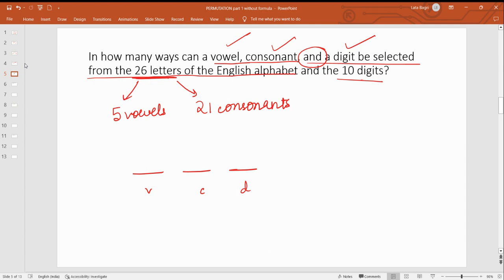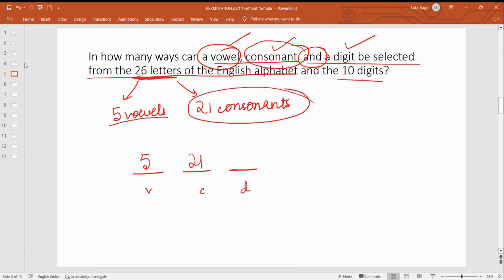A vowel can be selected in 5 ways, because there are 5 vowels and I have to select any one of them. Now I also have to select a consonant. Out of the 26 letters, 21 are consonants, so there are 21 ways. And how many digits are there? In maths, 10 digits: 0, 1, 2, 3, 4, like that.